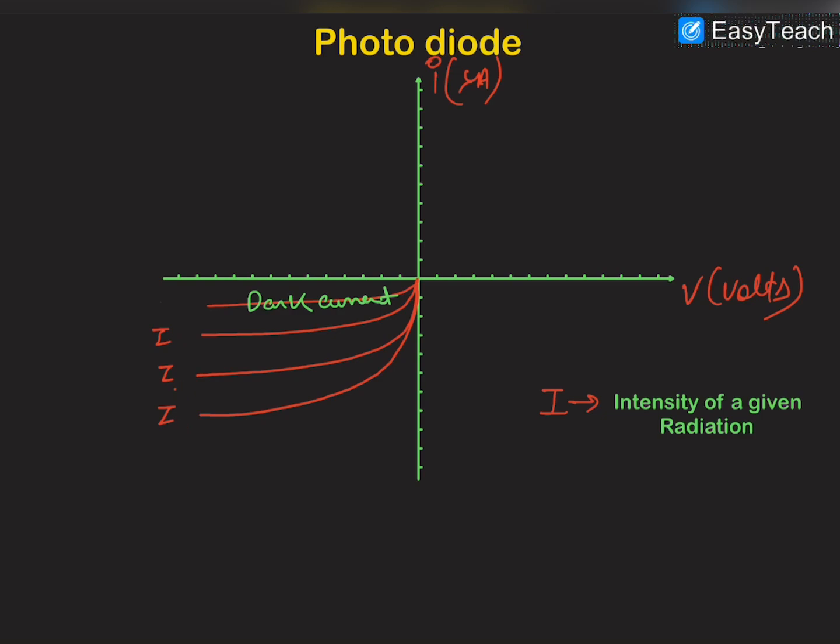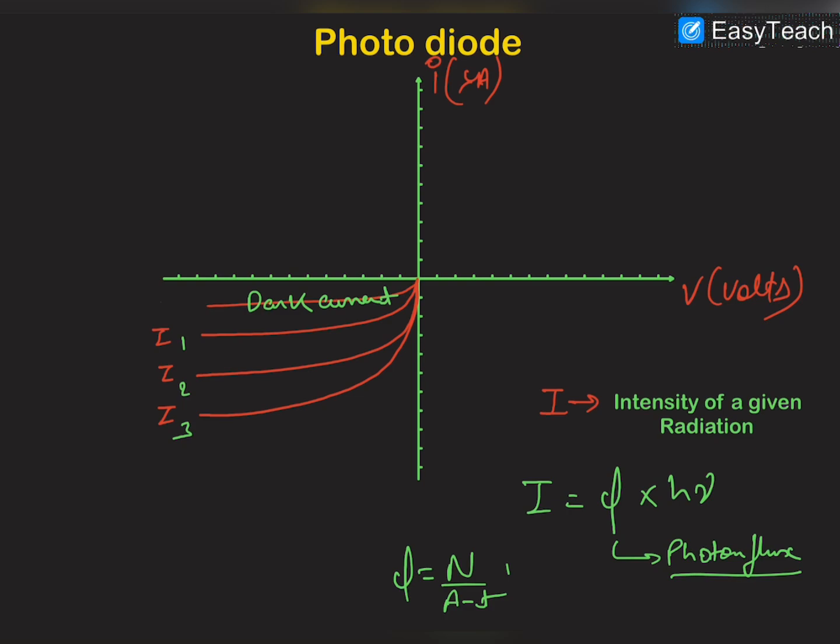what do we mean by intensity of radiation? We know that intensity of light is equal to photon flux phi times h nu. We have already studied the photon flux in modern physics, in the photoelectric effect, but let me again tell you that photon flux is the number of photons incident per unit area per unit time on the diode.